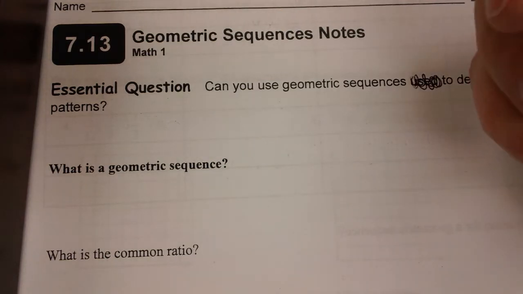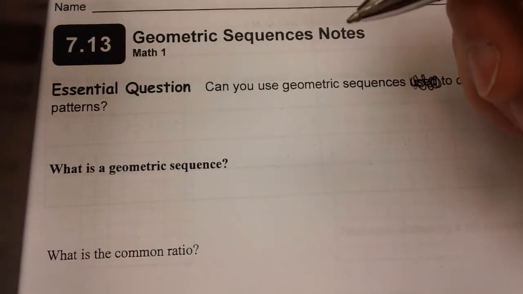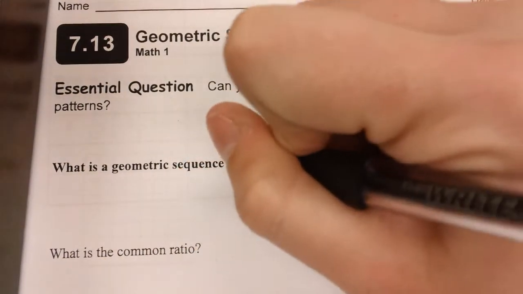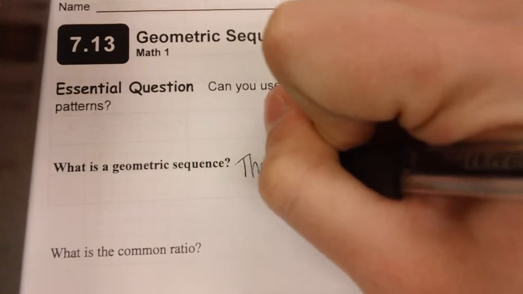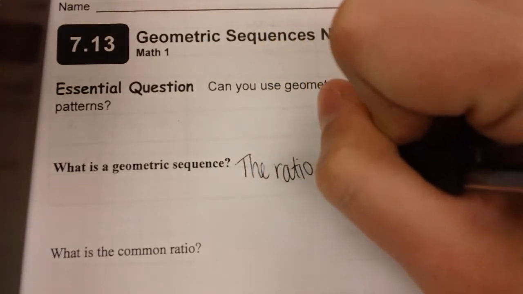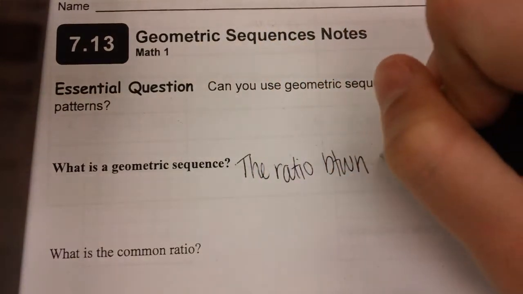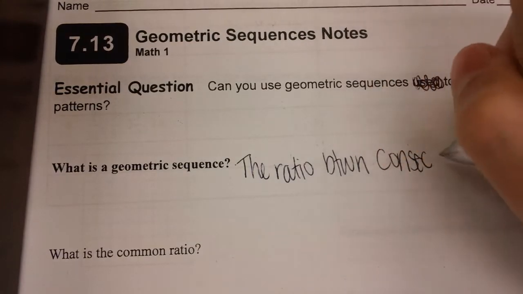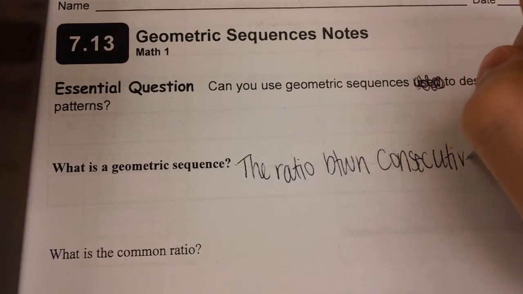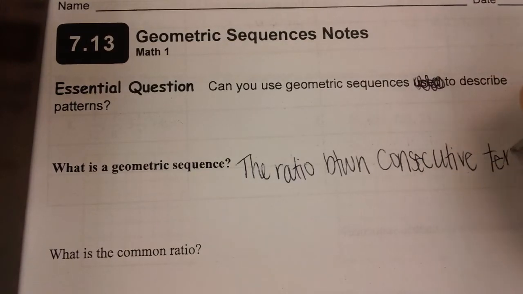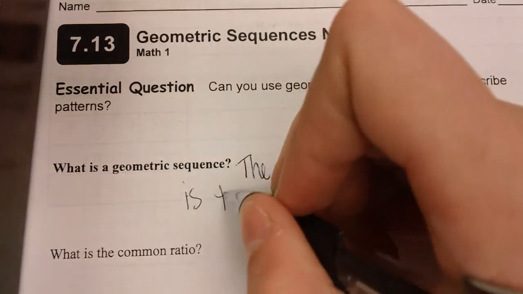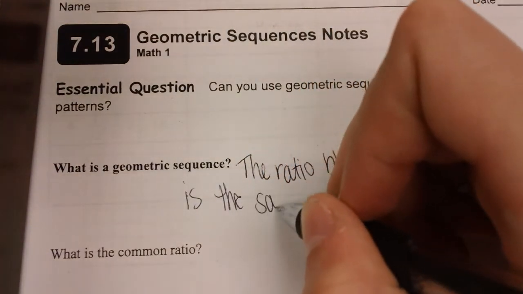In a geometric sequence, the ratio between consecutive terms is the same.